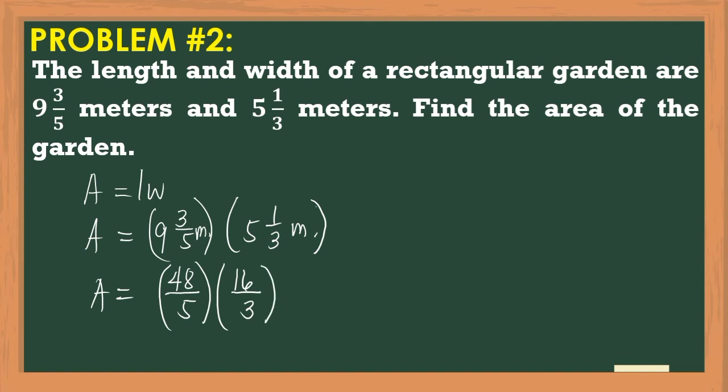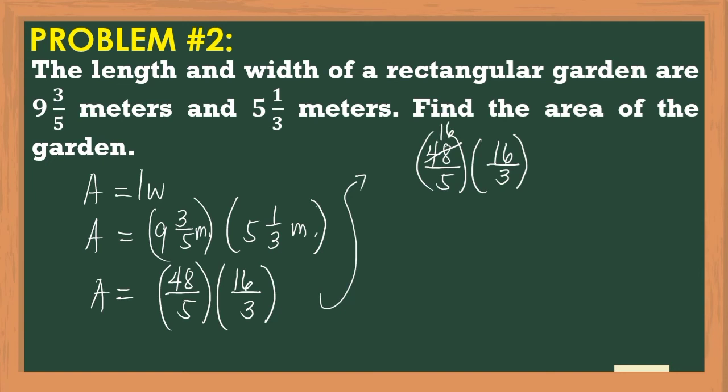And then, multiply lang natin yung dalawa na yan. So, 48 over 5 times 16 over 3. So, again, pwede natin cross-multiply yung 48 and 3 because the GCF is 3. So, 48 will become 16. And then, 3 will become 1.